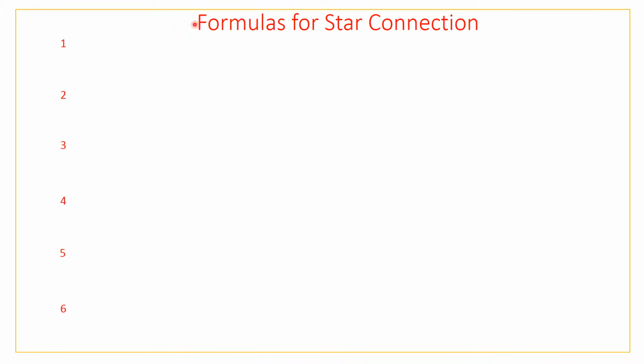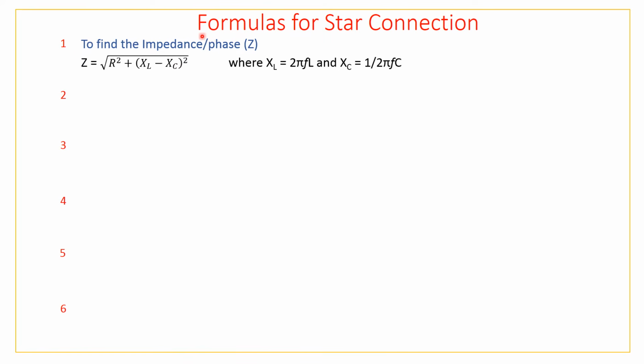So now we look at the formulas for star connection. So first is to find the impedance per phase, that is Z. We have already derived this in the chapter under single phase circuit. So Z is equal to root of R square plus XL minus XC square, where XL is inductive reactance, XC is capacitive reactance and R is resistance.